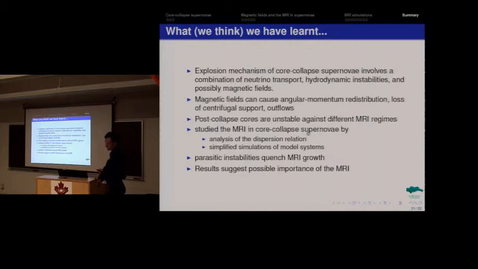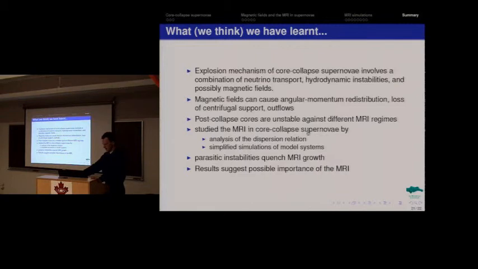To investigate this possibility in more detail, we have studied the MRI by an analysis of the dispersion relation and simplified simulations. What we have found is that all those regimes identified in the dispersion analysis are confirmed numerically, and the instability tends to grow in typical conditions of post-collapse cores, but the instability can be quenched by parasitic instabilities.